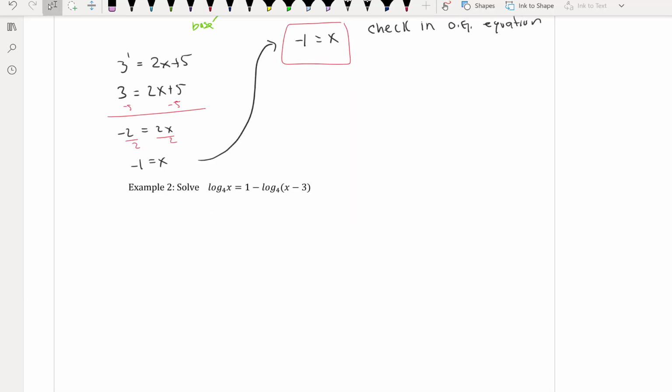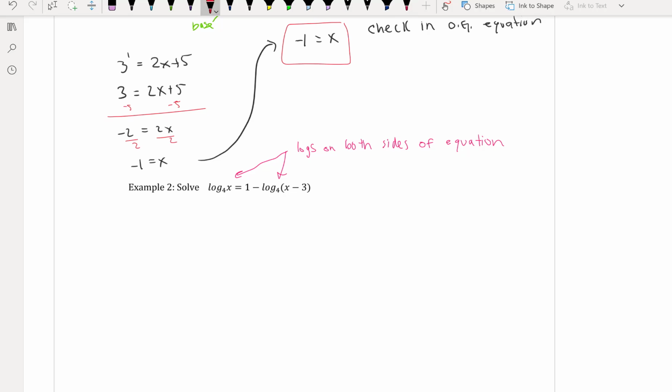For number 2, what's different about this one is that I have log in 2 places, so logs on both sides of the equation. So what I want to do is combine all the logs to one side.